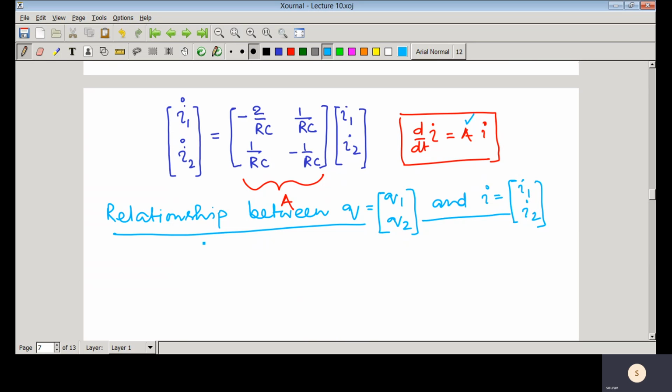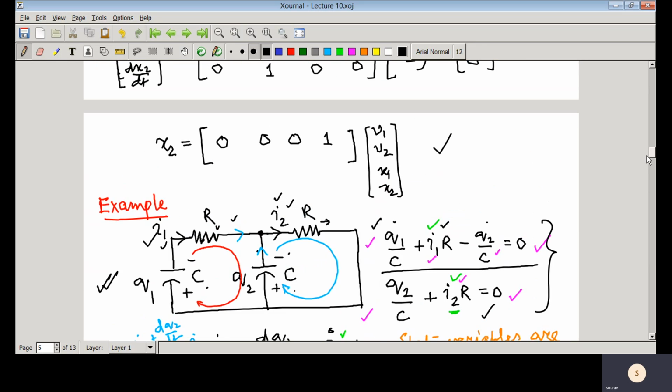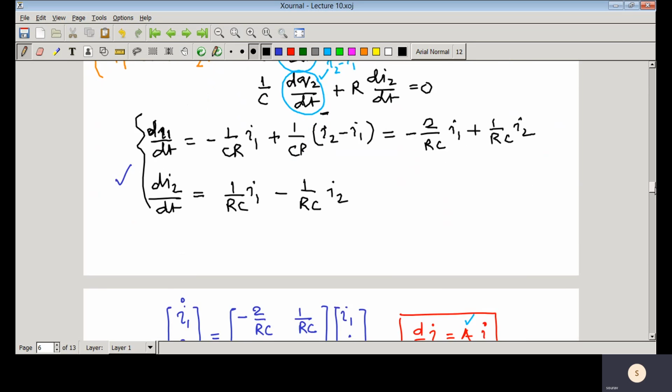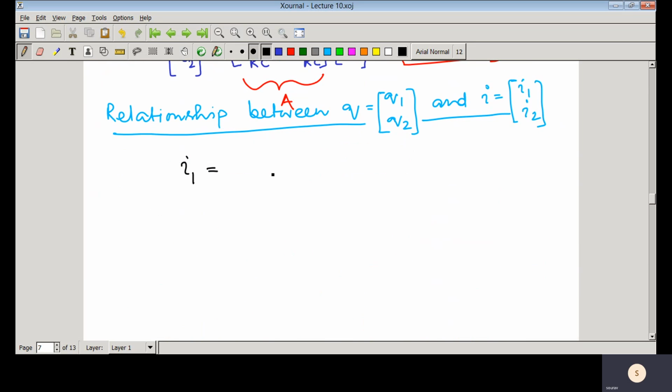We have already derived that relationship. You can see here at the very beginning, if we apply KVL here, then we get these two relationships. So here we are again writing I1 equal to minus 1 by RC Q1 plus 1 by RC Q2, and here you have I2 equal to 1 by RC Q2.